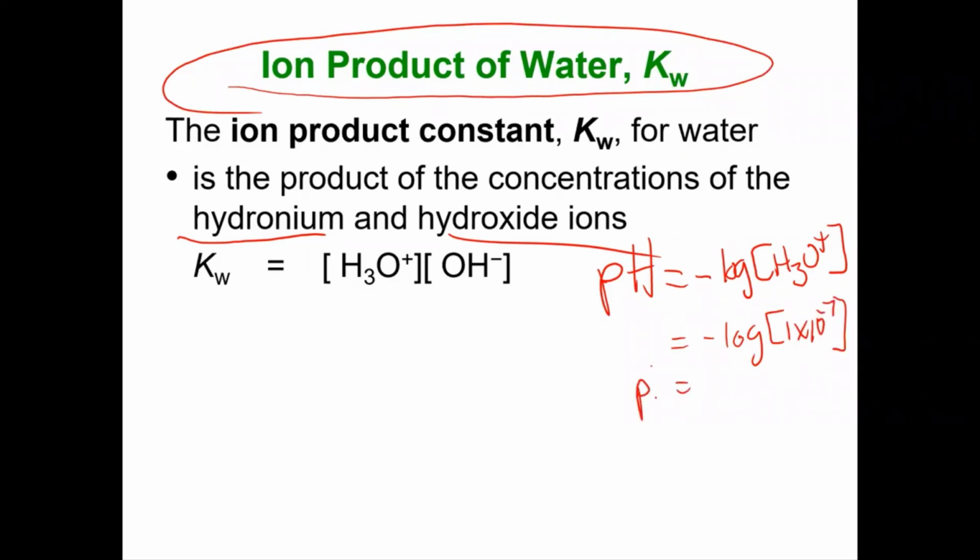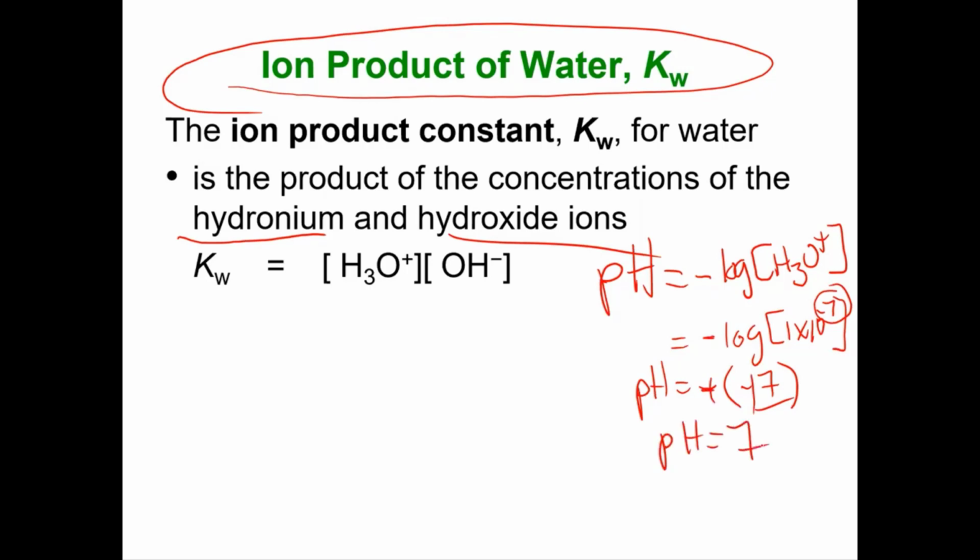And if I wanted to do pH, if I hit log 1 times 10 to the minus 7, I'm going to get negative 7, because on your calculator, log is base 10. You would just hit that log 1 times 10 to the minus 7 equals, you get a negative 7, because that's what the exponent was. And then the negative in front cancels negatives and gives you a pH of 7.